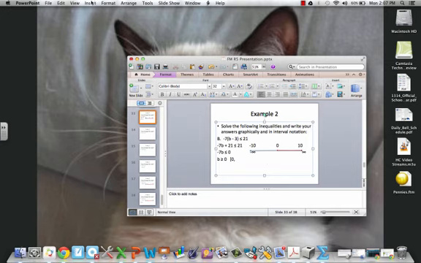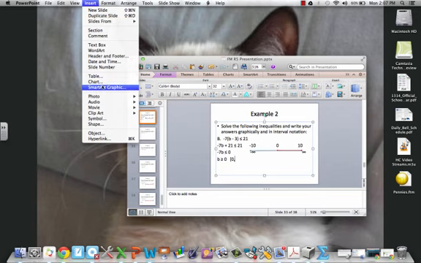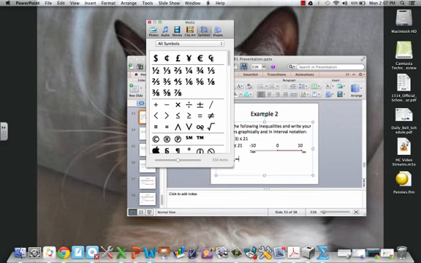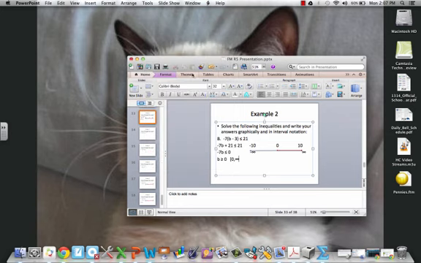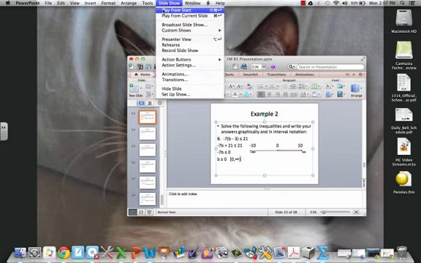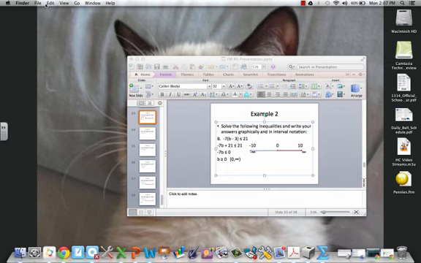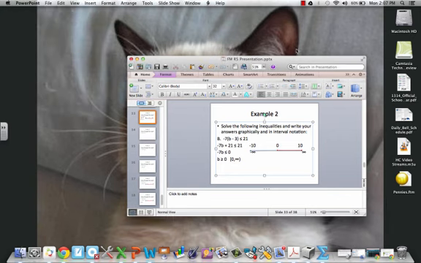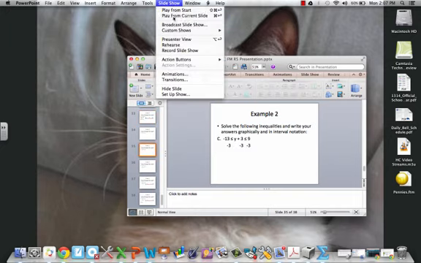So I need to insert a little symbol of infinity. Go grab that. There we go. And we will have a parenthesis there because you always have a parenthesis when you are working with one of the infinities, when you are indicating the direction an arrow is going in.